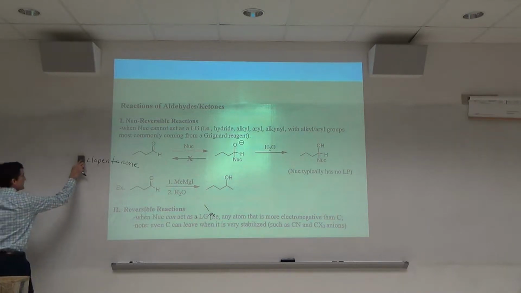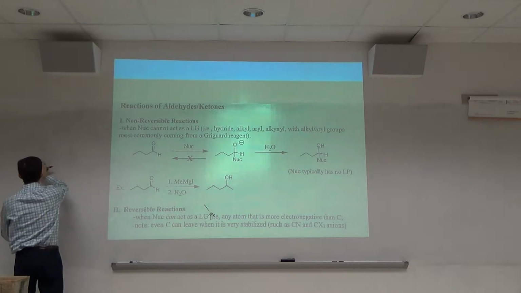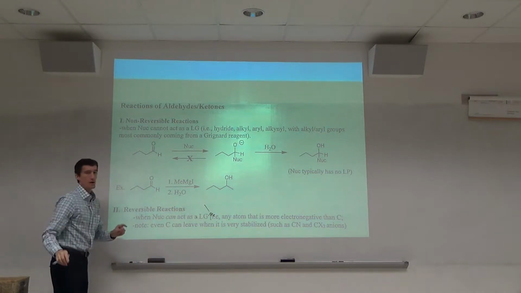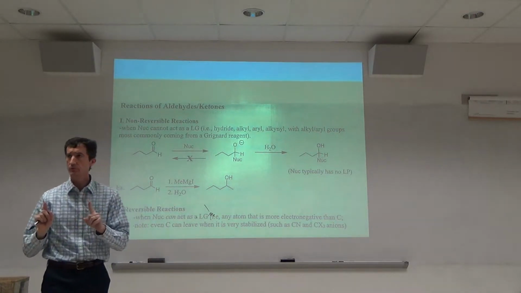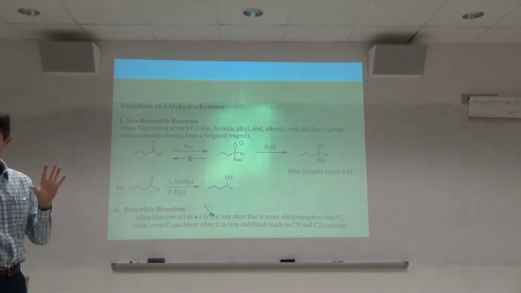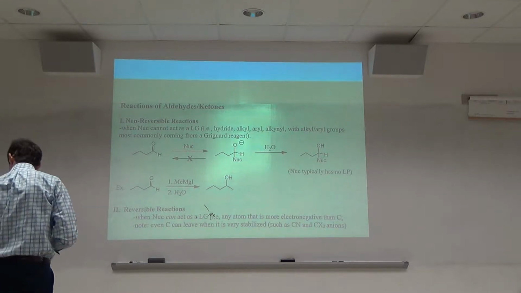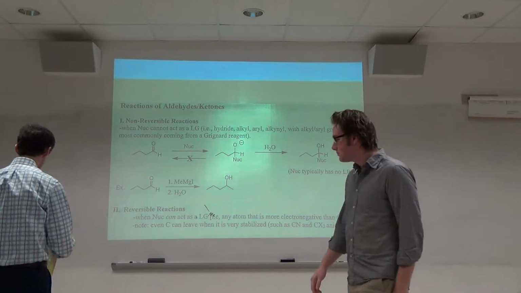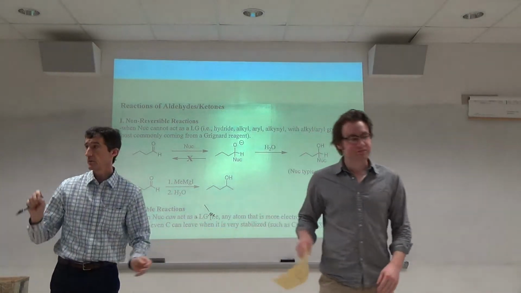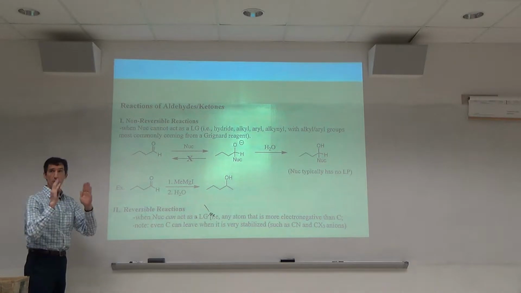Let's look at the chemistry. Two main areas of chemistry we'll be doing for test 4. The yellow here is one, just the first half. Then there'll be one other outline. This one focuses on the carbonyl.